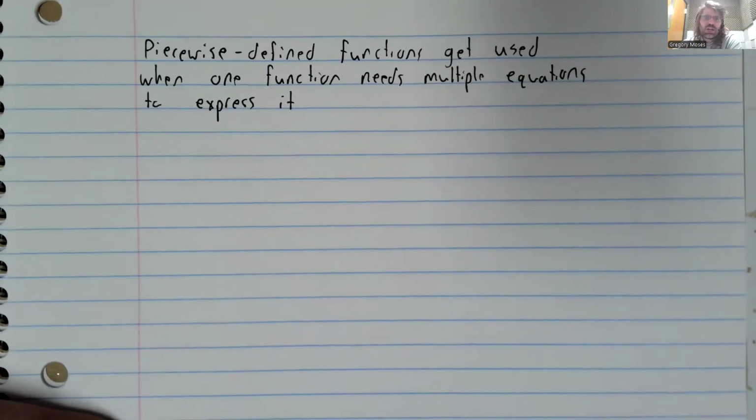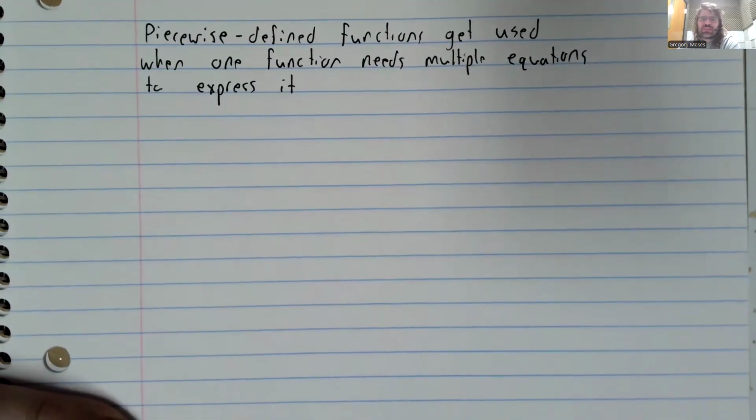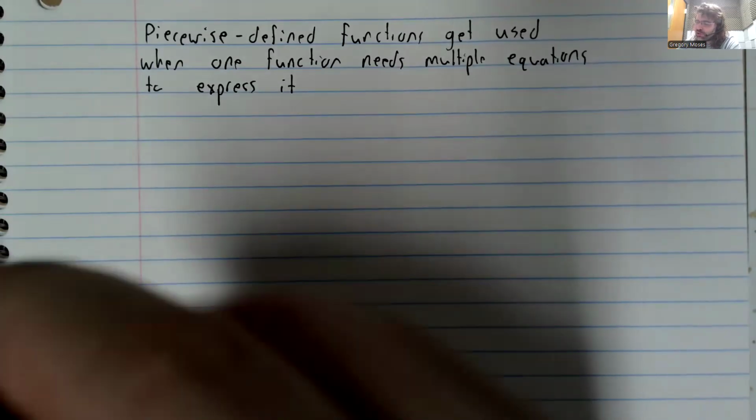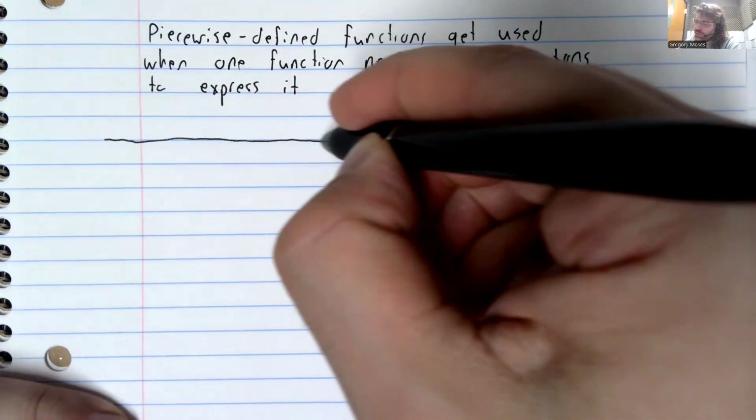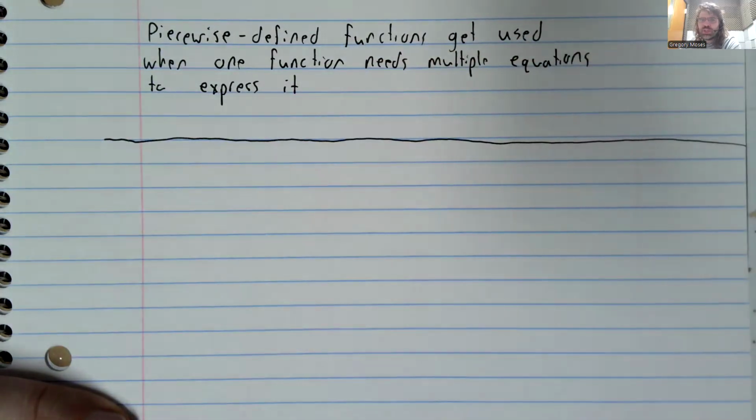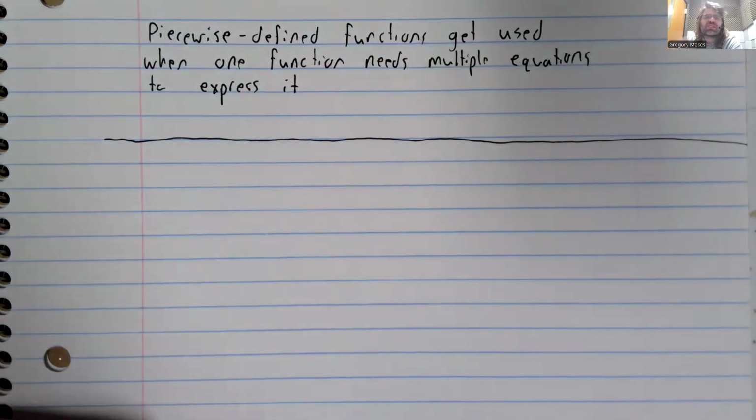And it's not hard to come up with examples of this from a wide variety of disciplines. So, in business, the classic functions are cost, revenue, profit.